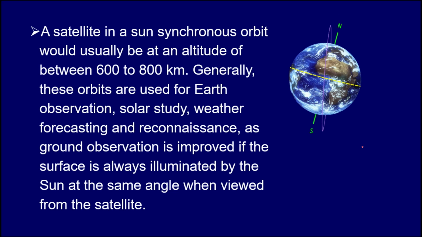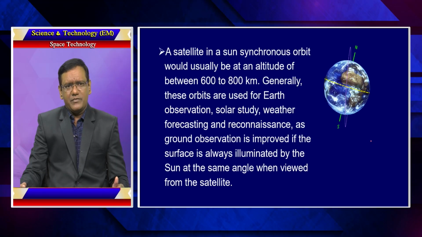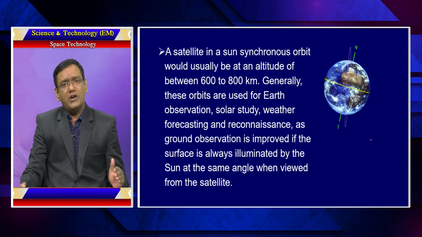A satellite in a sun synchronous orbit would usually be at an altitude between 600 to 800 kilometers. Generally, these orbits are used for Earth's observation, solar study, weather forecasting and reconnaissance. The ground observation is improved if the surface is always illuminated by the sun at the same angle when viewed from the satellite.